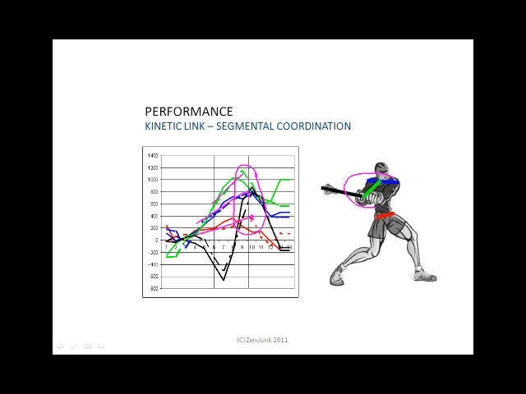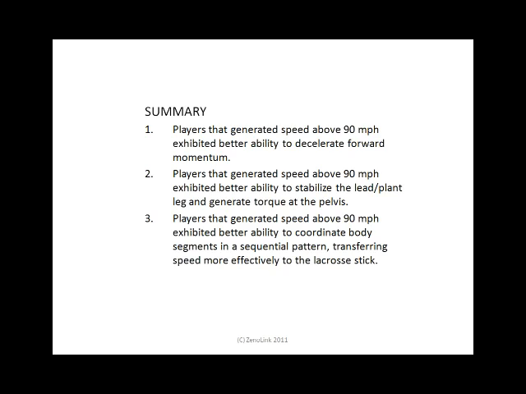Most of the speed was generated by the upper body, the torso and the arms, pulling the stick through rather than snapping or cracking the whip. So again, it's a busy graph, but you can see the culmination of lead leg stabilization and control of center mass in both differentiation and bracing. Just real quick, this is sort of a scientific summary.